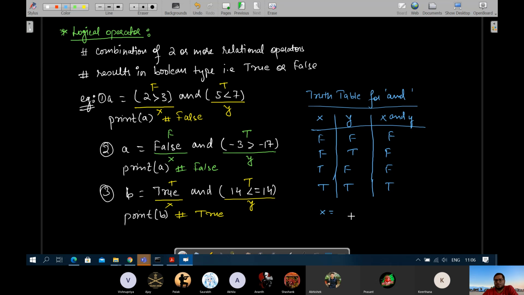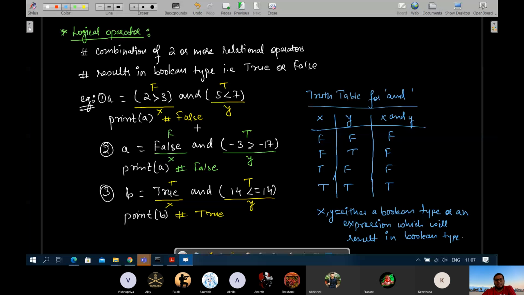x is either a Boolean type or an expression which will result in Boolean type.